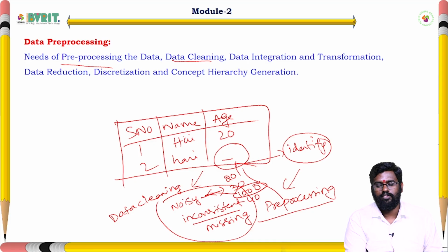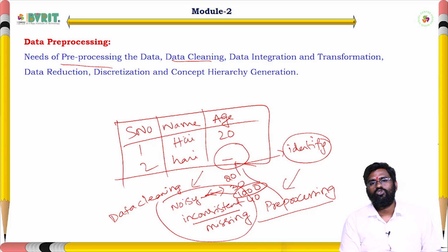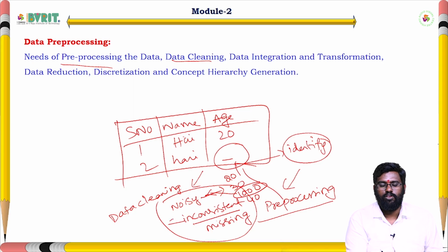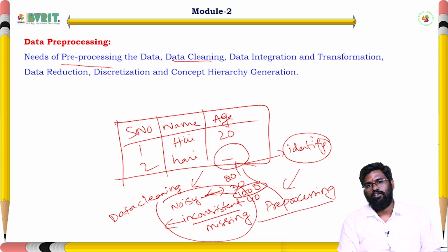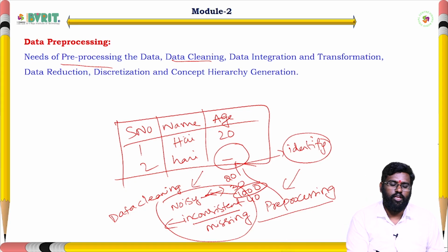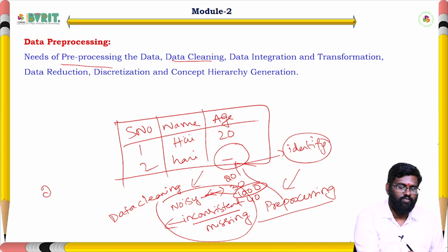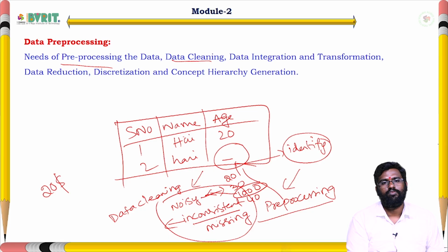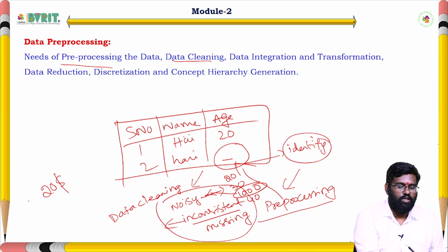And now coming to inconsistent values: the value is not consistent with the given structure format. The value is not in that format. For example, we are having $20 in one row. In the second row, they are defining 20 euros.